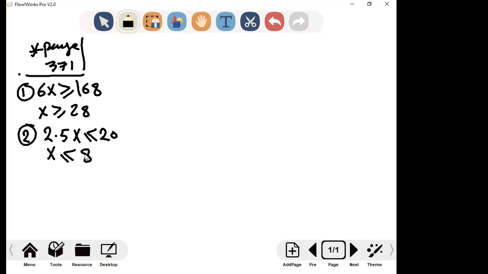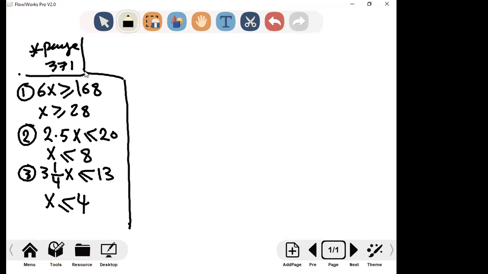This is question 2. Question 3, 3 and 1 over 4x less than or equal 13. If you solve it, x will be less than or equal 4. This is questions 1, 2, 3.